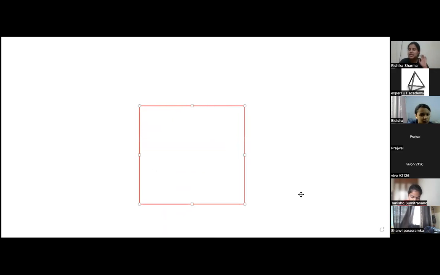I am making a study diagram for you. This is just for your understanding. If you understand this diagram, you will never be confused with the concept of the heart. So, the heart is not a square like this. So, don't go on that.